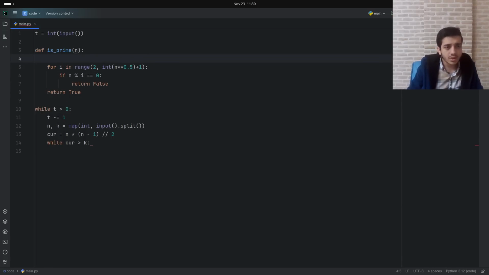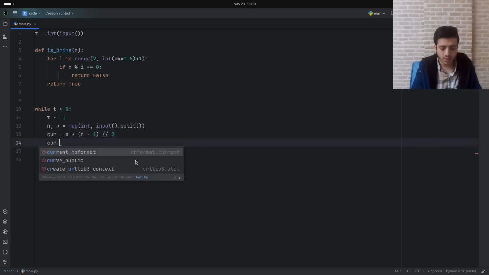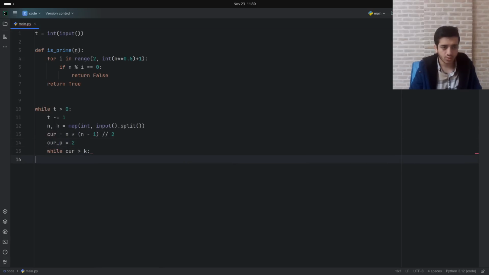There is a single case when n is 1. Okay, we can leave that, and current prime is 2, while current prime, the array, and while, okay.